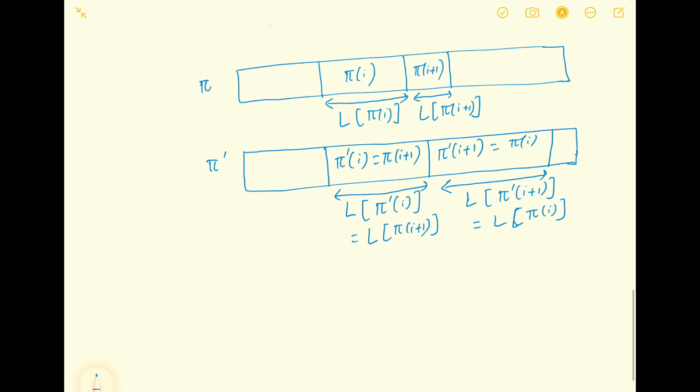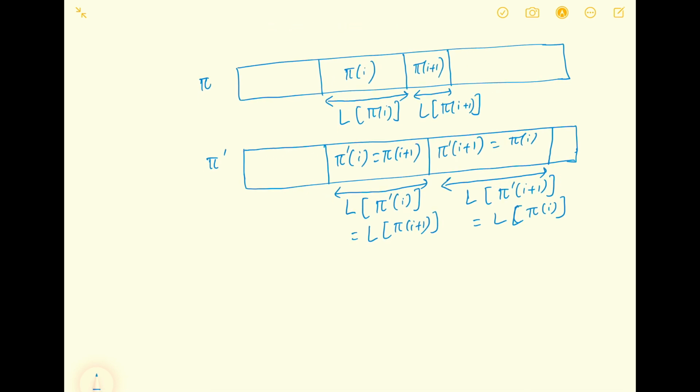Okay. Now, can you tell me what is expected cost of pi minus expected cost of pi prime?